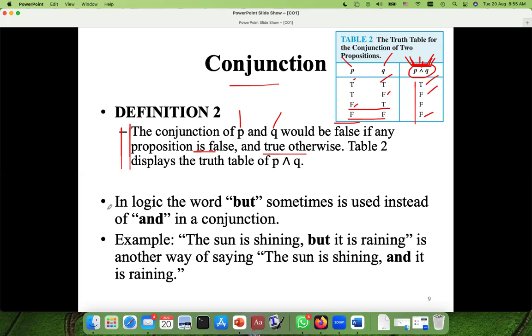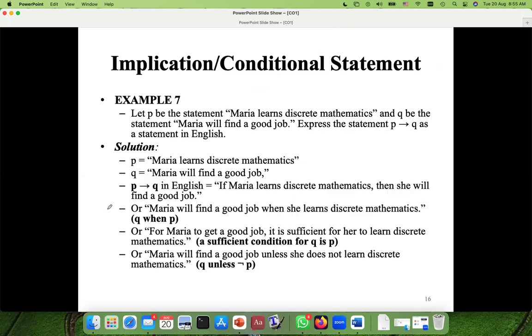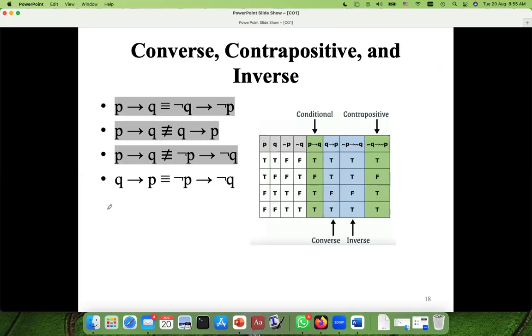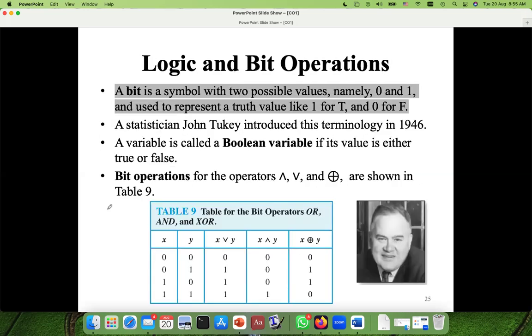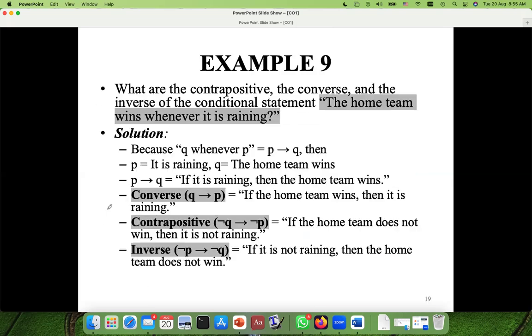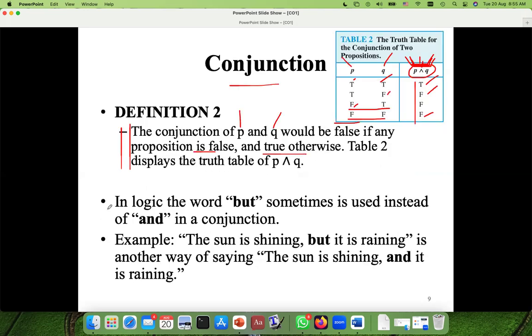If there are three variables, I have to calculate all the possibilities. All this will come in the upcoming slides with three values, and even with four. What will happen if you have three?